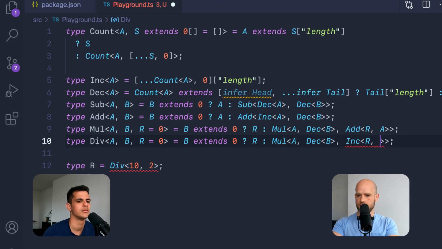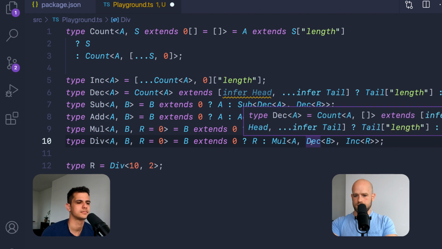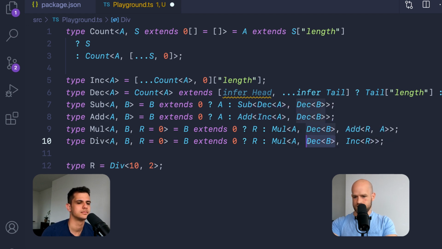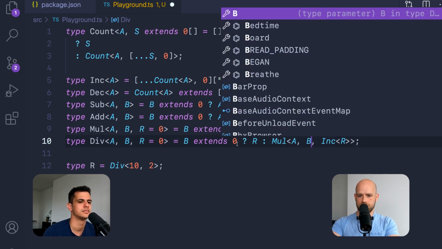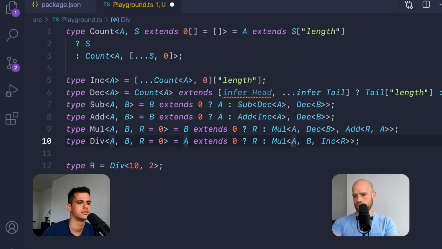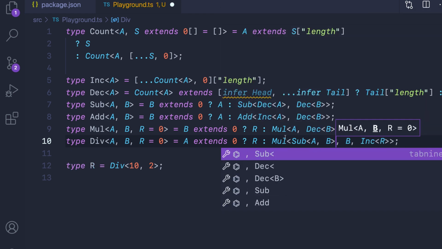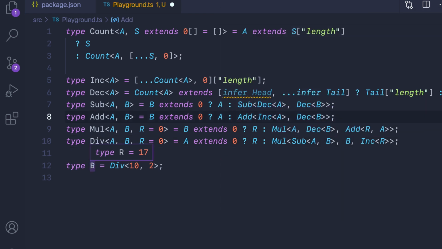B we need to keep; the divider needs to be always the same. We check if A reaches 0, if so we are done, and from A we remove B. I think. I have no idea, just intuitively. Sub A, B. Oh, it's not multiply, it's divide. Okay, 5. Wow, pretty straightforward.